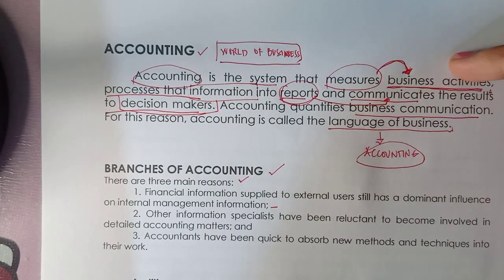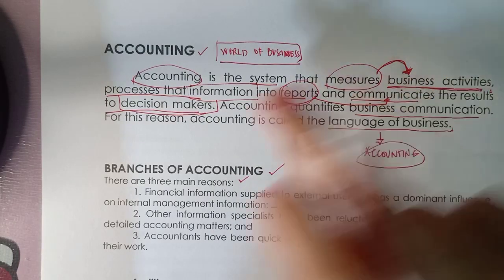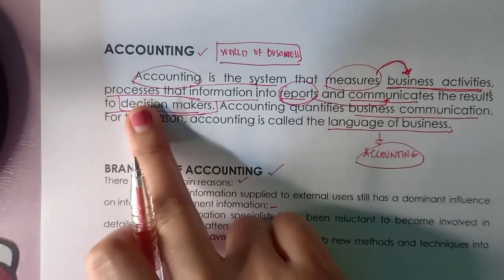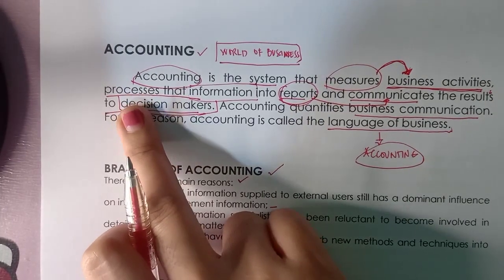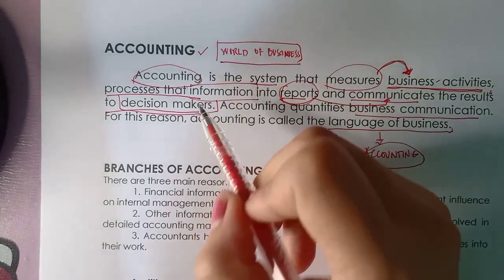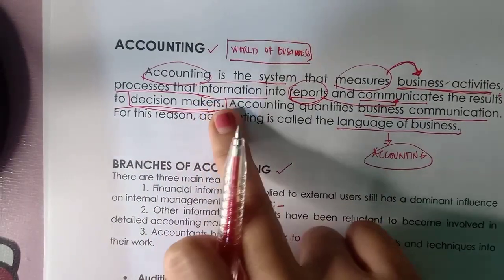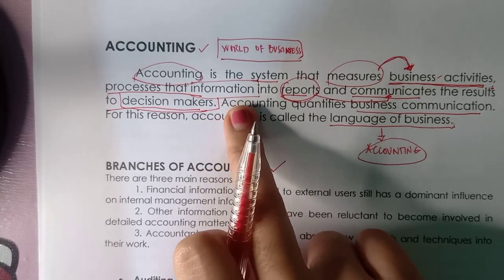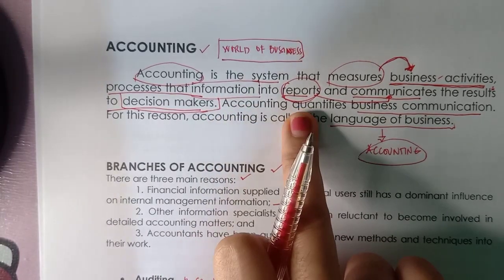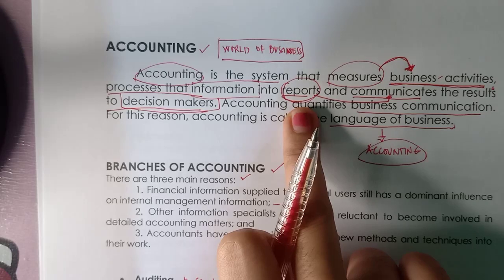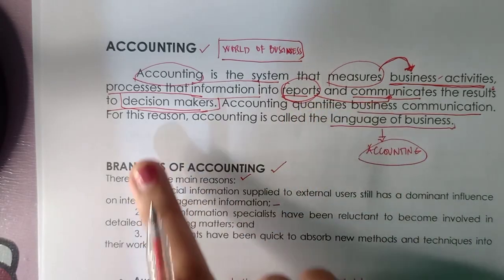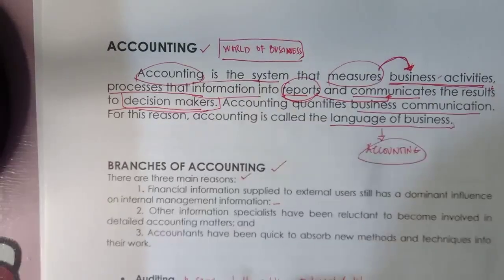After measuring business activities, they will process those activities and the information from them. After processing that information, it will be turned into reports. And those reports will be communicated to the decision makers.